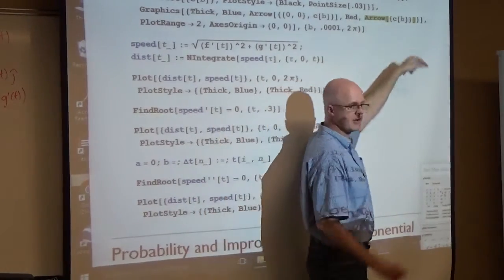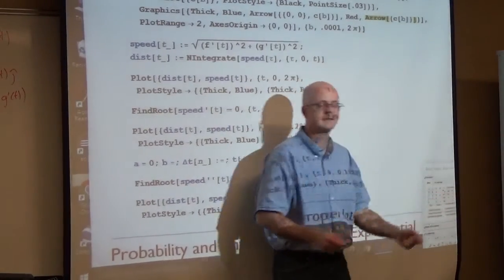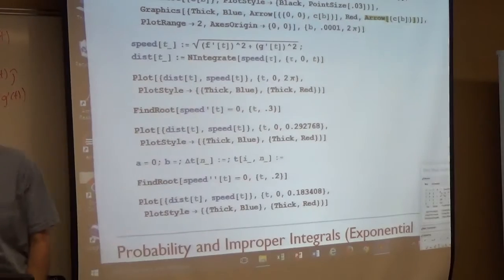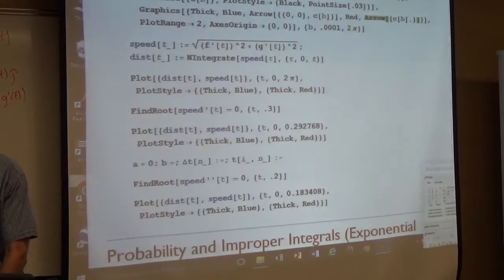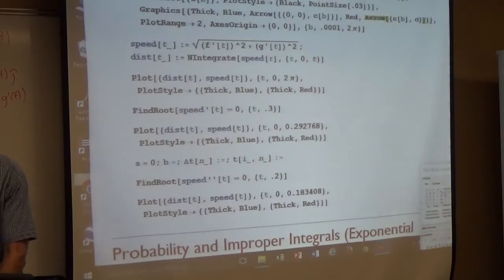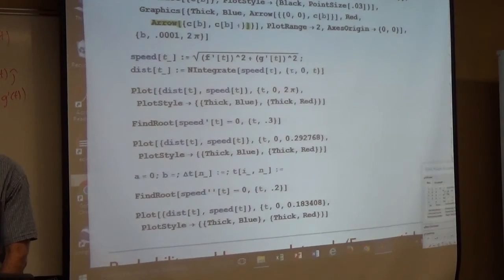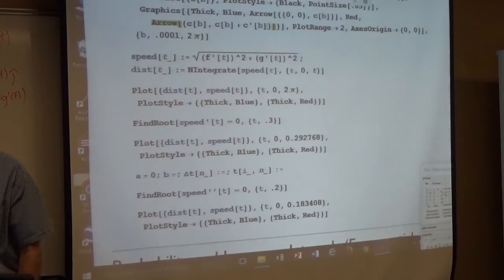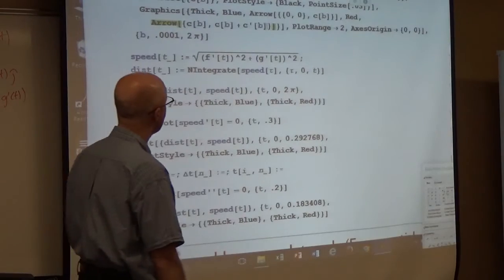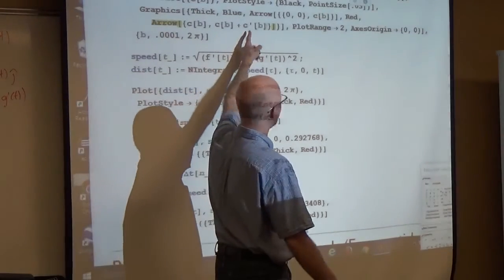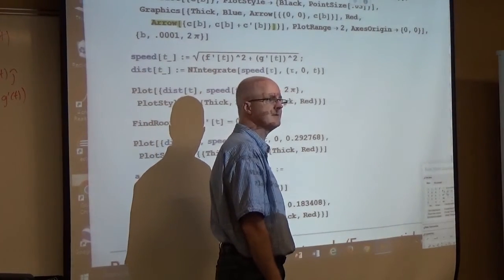So that's going to be the starting point of the arrow for the velocity vector. And the ending point can be found by doing c of b plus the velocity vector, which can be calculated as c prime of b. And Mathematica, if I put c prime of b in there like that, does know to calculate the derivative of c.